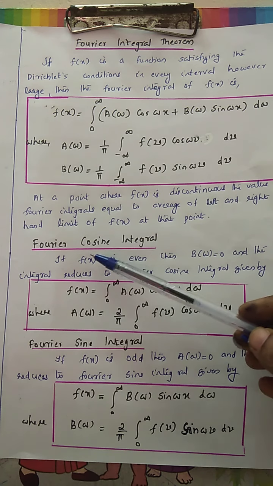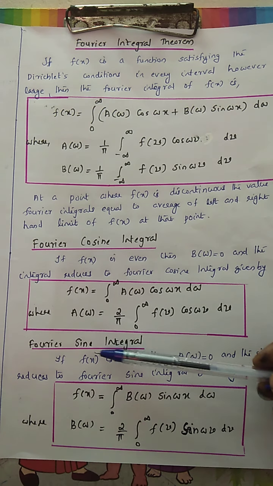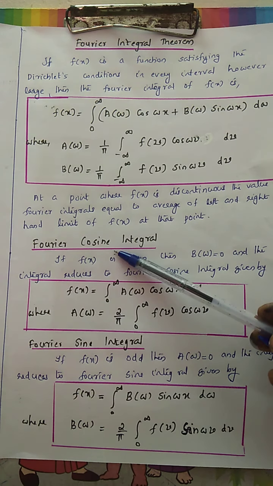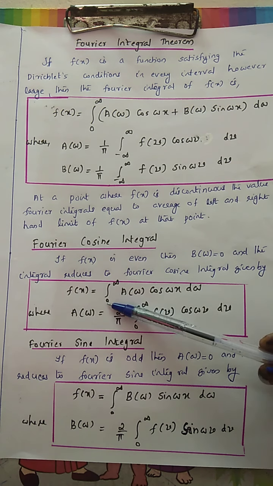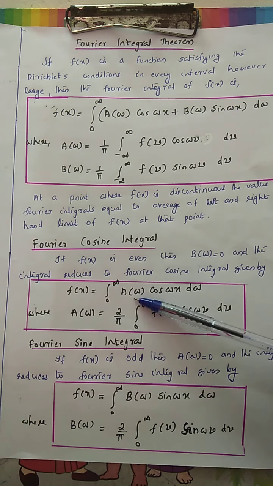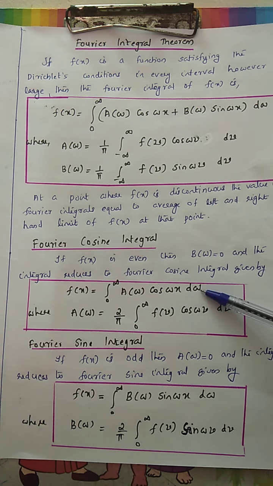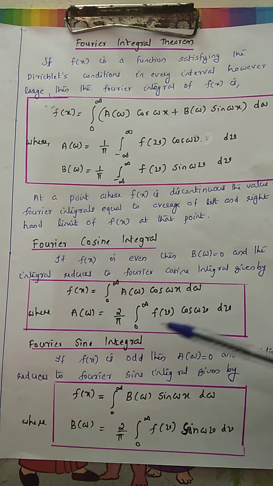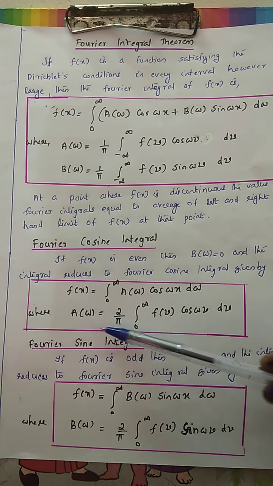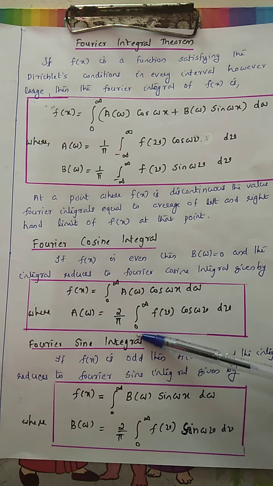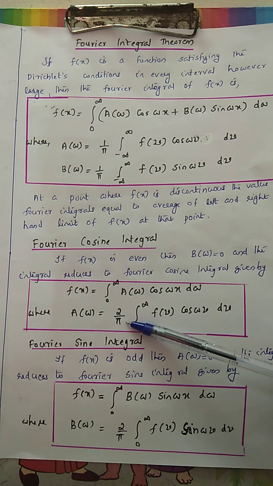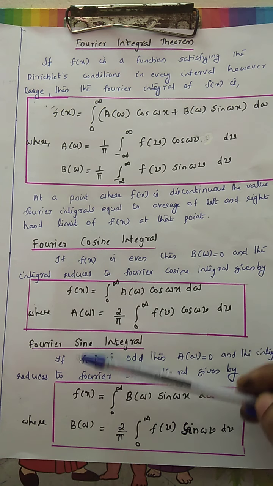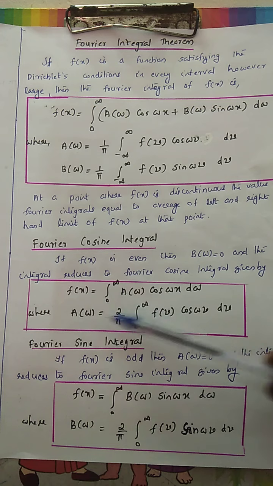Now you can have Fourier cosine integral and Fourier sine integral also. The Fourier cosine integral is f of x equal to integral 0 to infinity a of omega cos omega x d omega. Its b omega part will be 0, considering the function as an even function. And a of omega is 2 by pi integral 0 to infinity f of nu cos omega nu d nu. Here it is 2 by pi. Similarly, for the Fourier sine integral, the a omega part is 0.